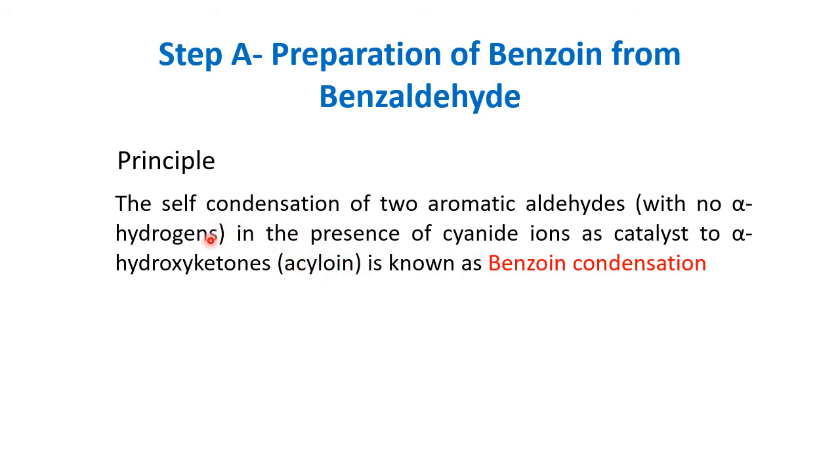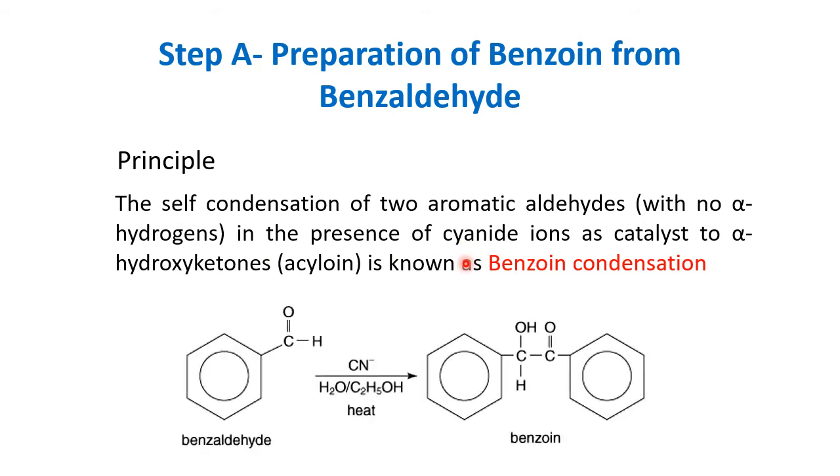So this reaction is known as benzoin condensation, and the reaction is like this. This is benzaldehyde. Two molecules of benzaldehyde are used. The reaction occurs in the presence of cyanide ion, and ethanol and water are used. And these two molecules condense to give this alpha hydroxy ketone.